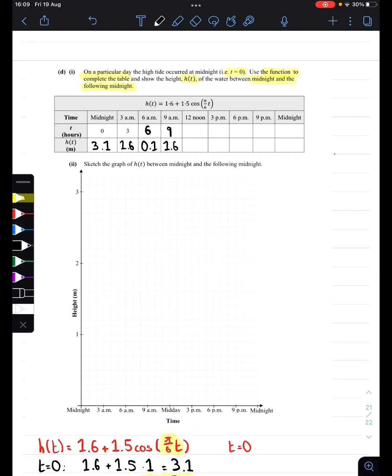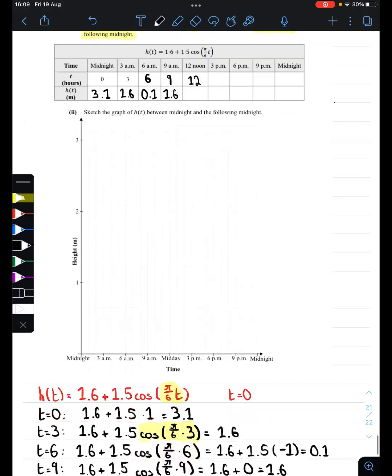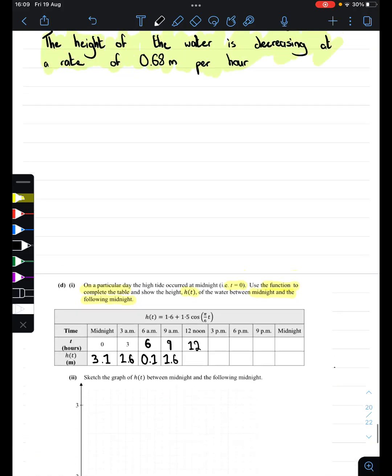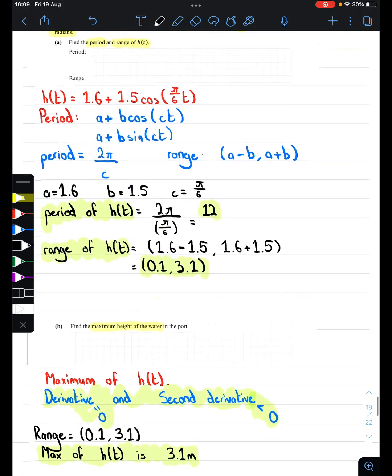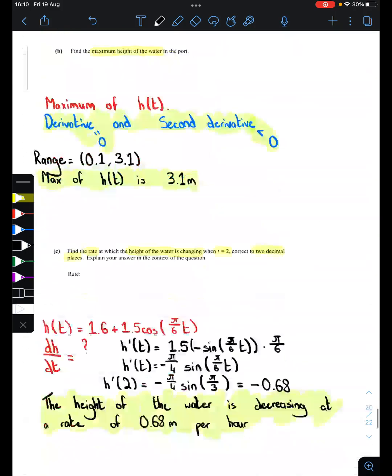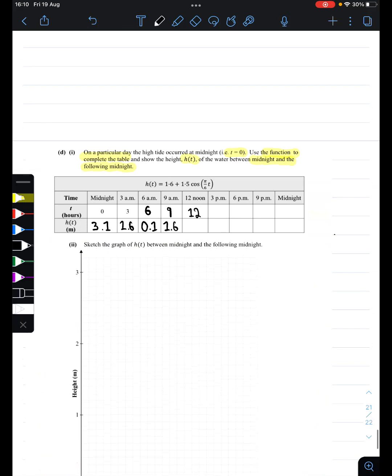And then after 12 hours, we could plug this in, but we actually know that the period of this function is 12. So after 12 hours, it will be the same thing it was 12 hours ago. So it will be 3.1 again.